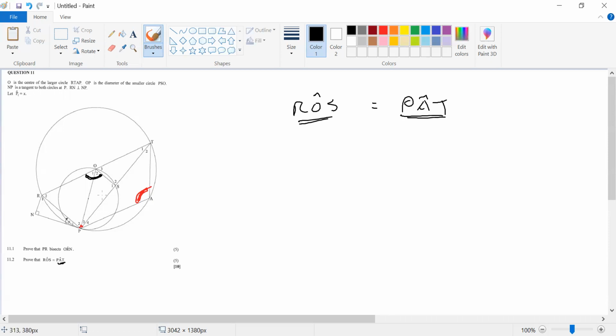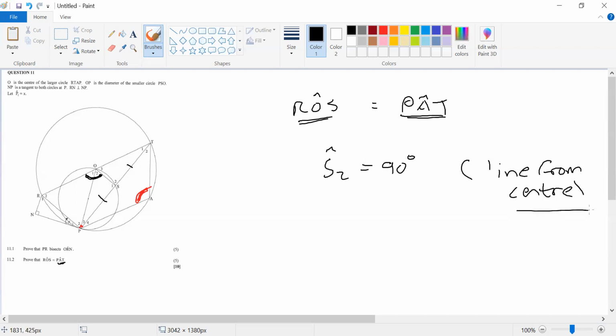I told you that the missing information is that these two are actually equal to one another, which means that I have a line from center going to my chord, bisecting the chord, which means that angle S2 is equal to 90 degrees because of the line from center. You can just fill out the rest of this theorem itself.